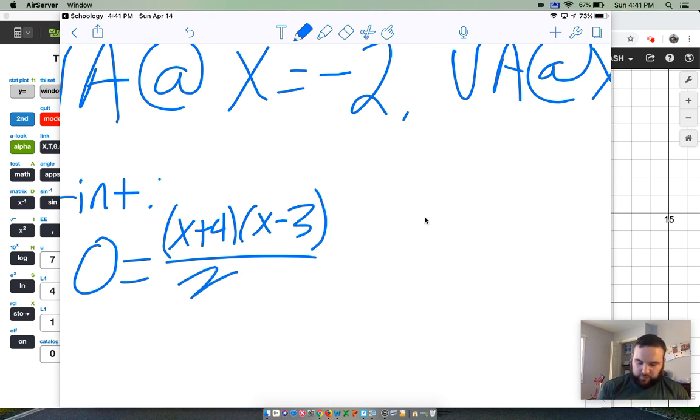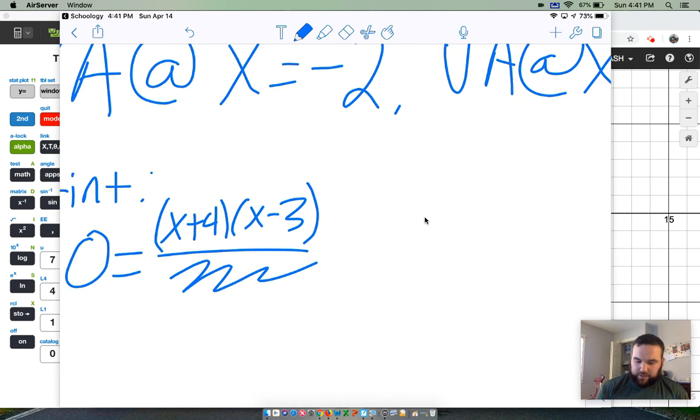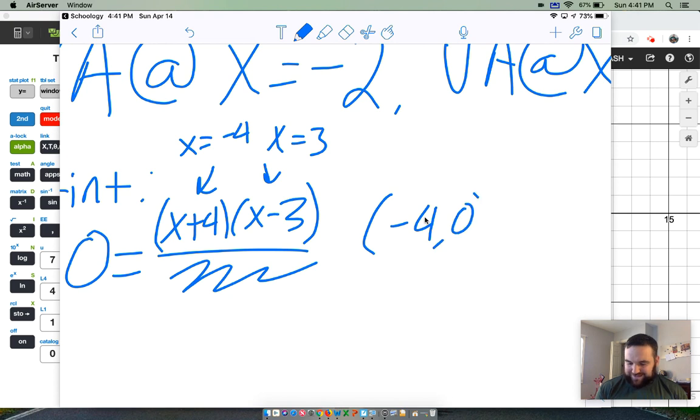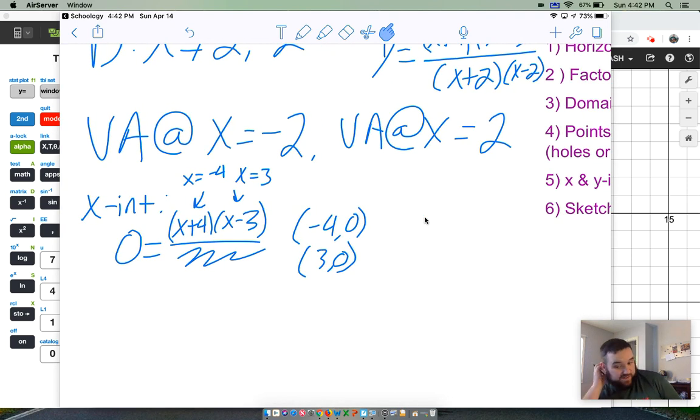It doesn't even really matter what's down here. What will make each one of these parentheses 0 is x equals negative 4 and x equals positive 3, which means this is our first graph that has 2 x-intercepts, one at negative 4, 0, and one at 3, 0.